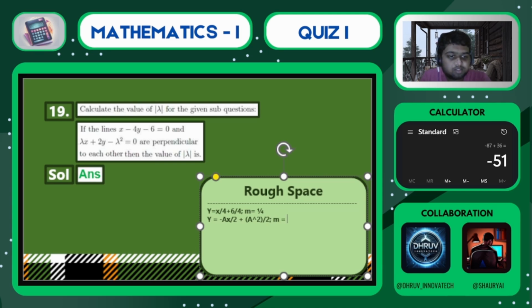From this we get m's value to be minus a by 2, which means minus lambda by 2. So from this we get that m1 times m2 is equal to -1 because we are given that these are perpendicular. Let's call this m1 and we'll call this m2. So when multiplied we get minus a by 8, which is equal to -1. So a equals 8 is our final answer.